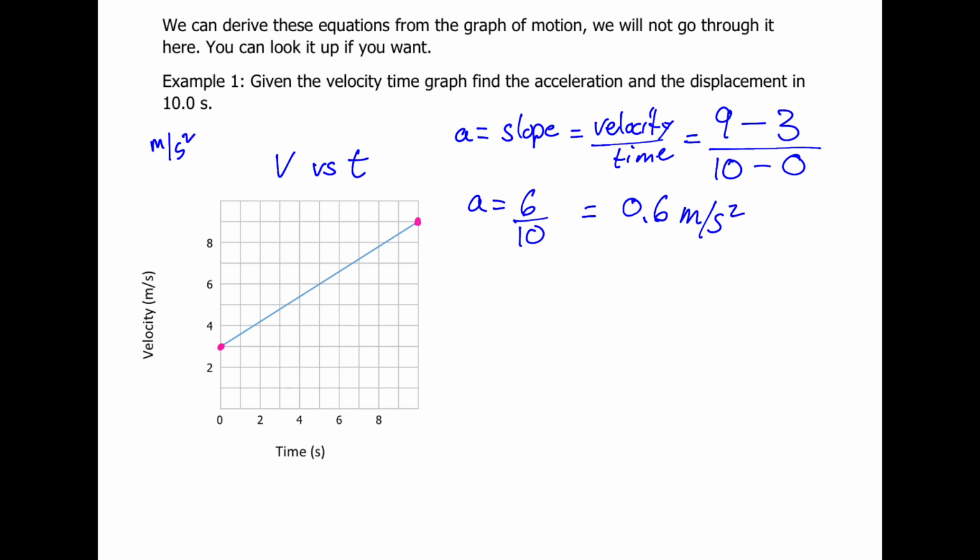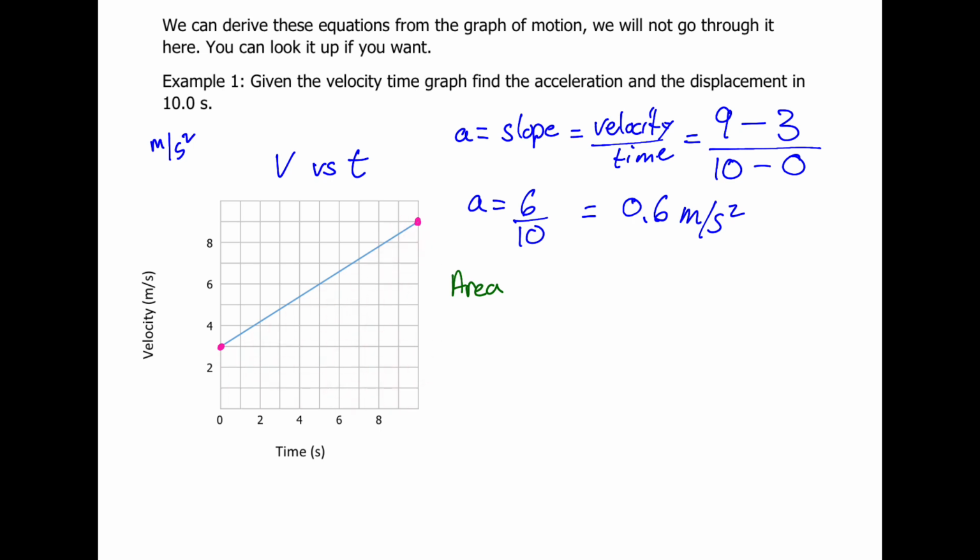Now, this is part of the difference that I didn't do in a previous lesson, but I'm going to basically show you guys the aspect of it here. We've already found the slope of this line. The next thing we're going to do is find the area under this graph. So we want to find basically all the space down here.